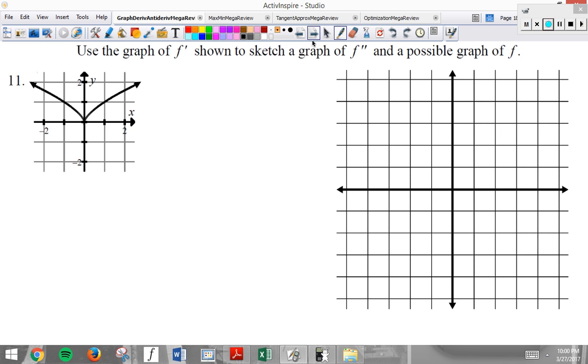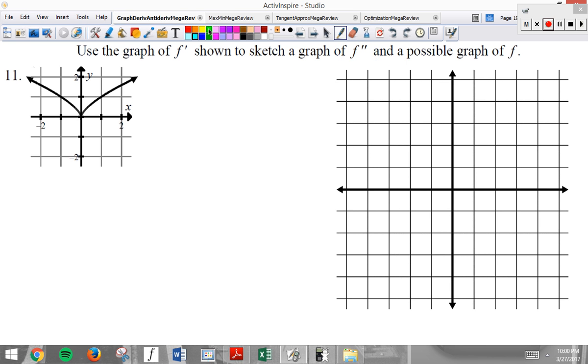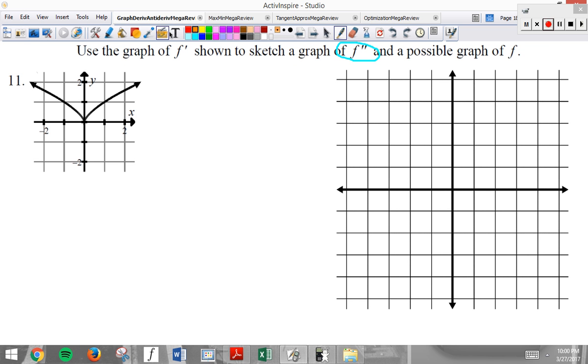Okay, same idea. First graph F double prime, then graph F. 3, 2, 1. Alright, F double prime is pretty easy. Slope undefined.